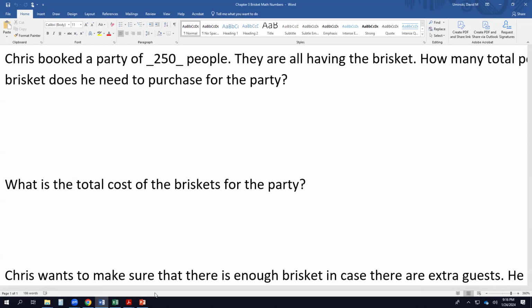Okay. So again, we're going to divide our section in half so we can go step by step. We have the number of guests times the serving size.